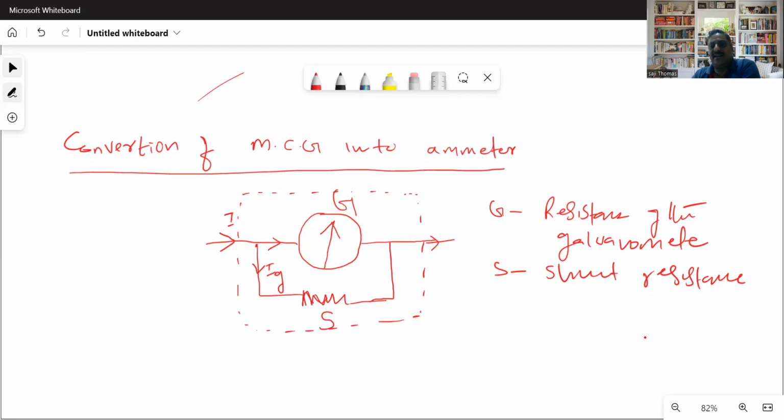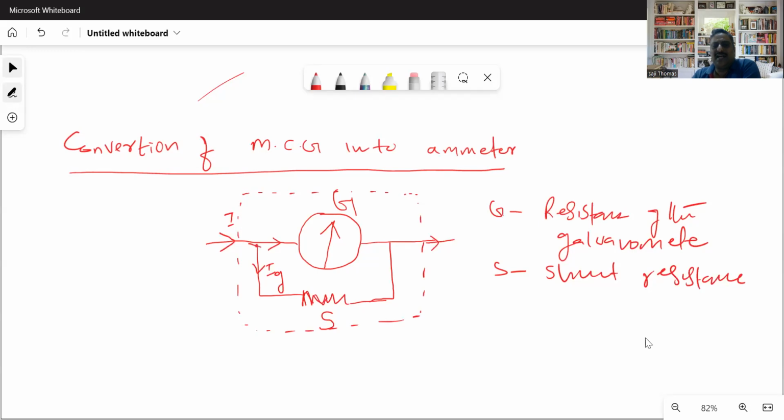Major portion of the current passes through the shunt only because it has a low resistance path. Only negligible current passes through the galvanometer. But when they come out of the ammeter, they combine. Total current remains the same. So current in the circuit is not affected. That is why we are using this small resistor. So this is an ammeter.